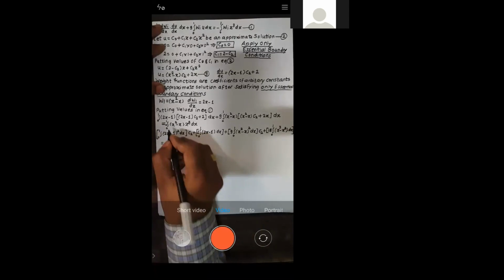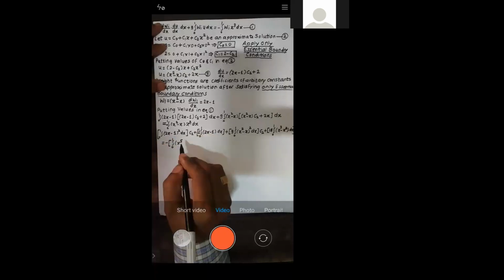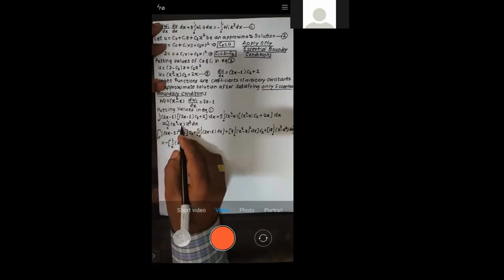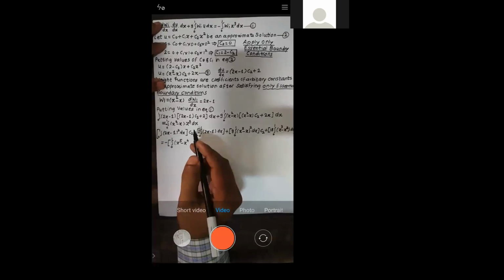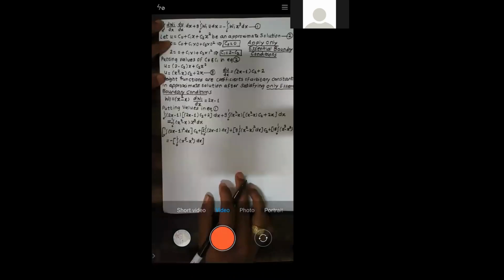X raised to power 5, minus x raised to power 4. Yes or no? Into dx. Is it okay? Let me know.